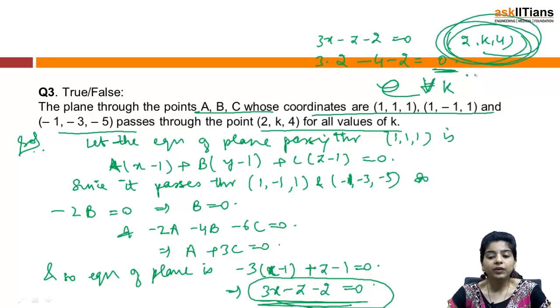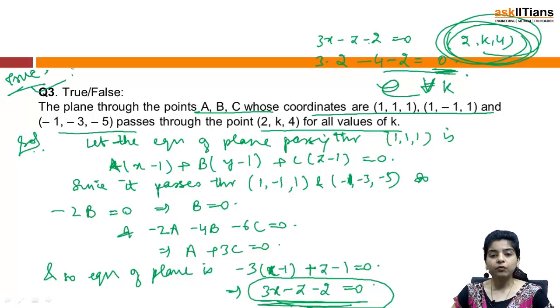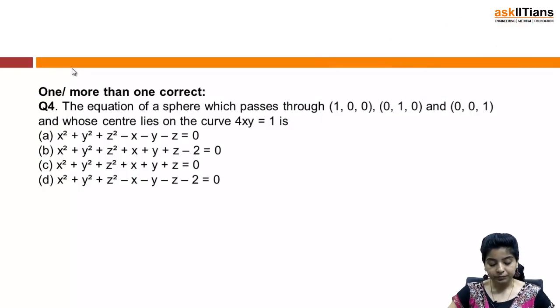Since there is no term of k and this point satisfies the equation, the answer is true. This will pass through (2, k, 4) for all values of k.